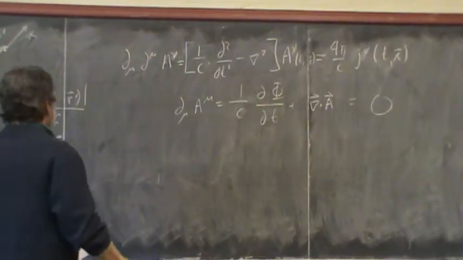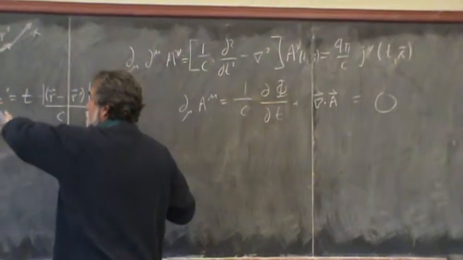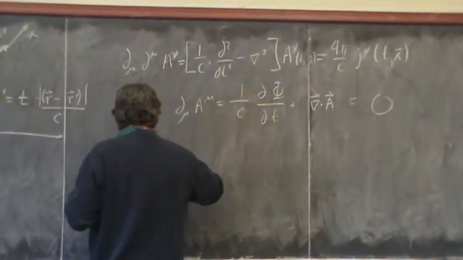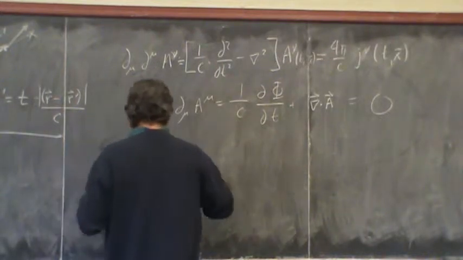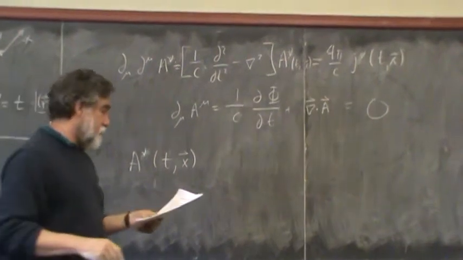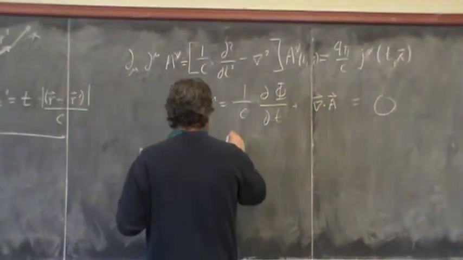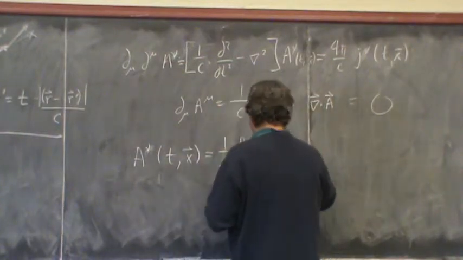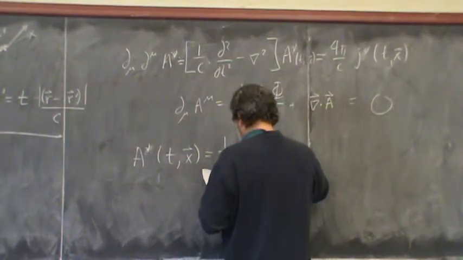Okay. So then, based upon this form, we're going to make the guess A mu, call it mu now, of t and 3 vector x, is 1 over c integral. Here comes the tricky bit.